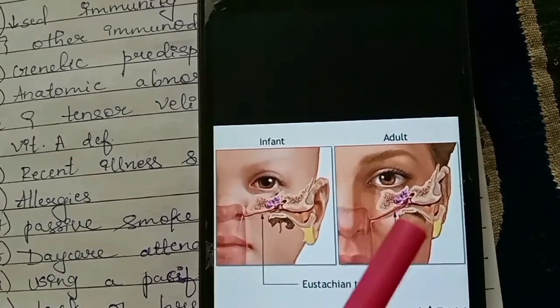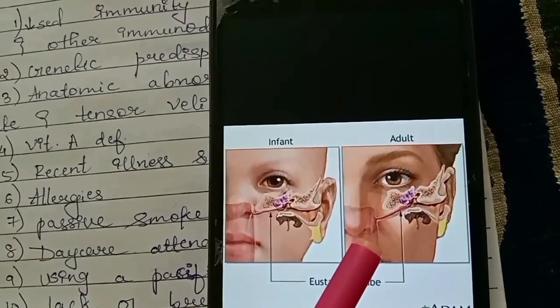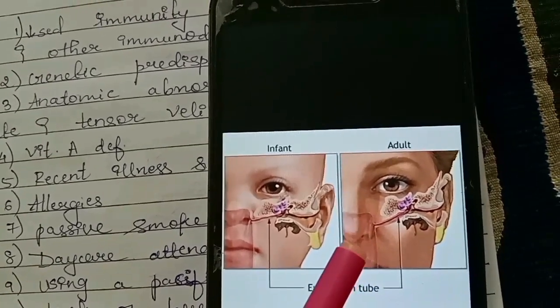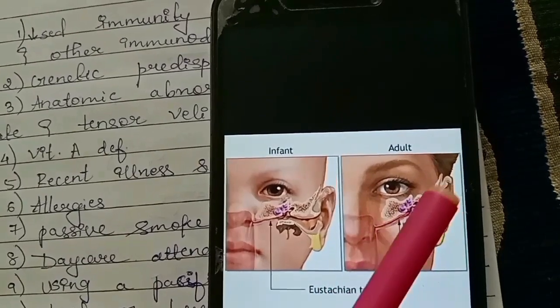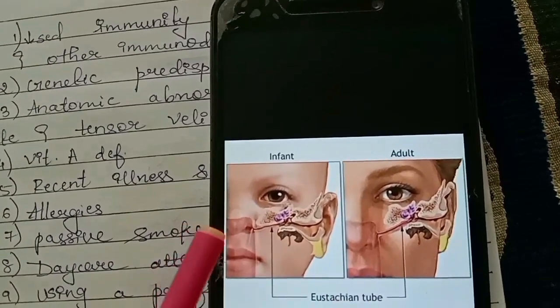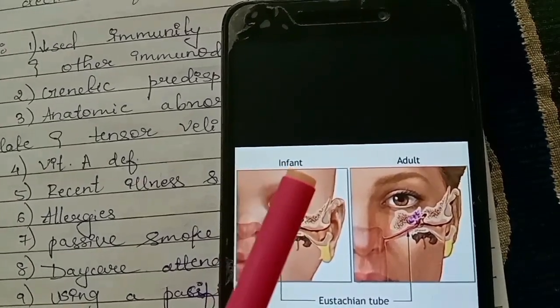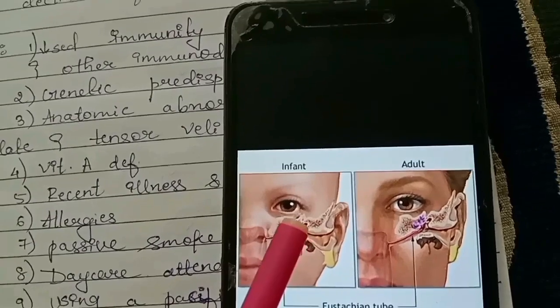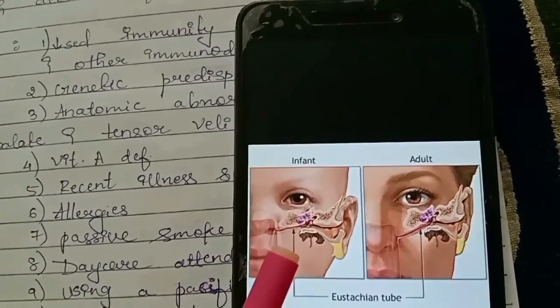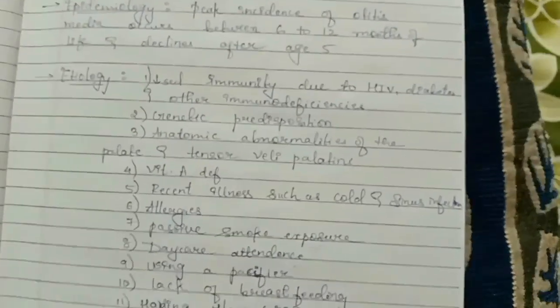While in adults, the chances of infection are very low, because the tube is not horizontal and is a long one as compared to infants. That's why otitis media is more common in infants and children.